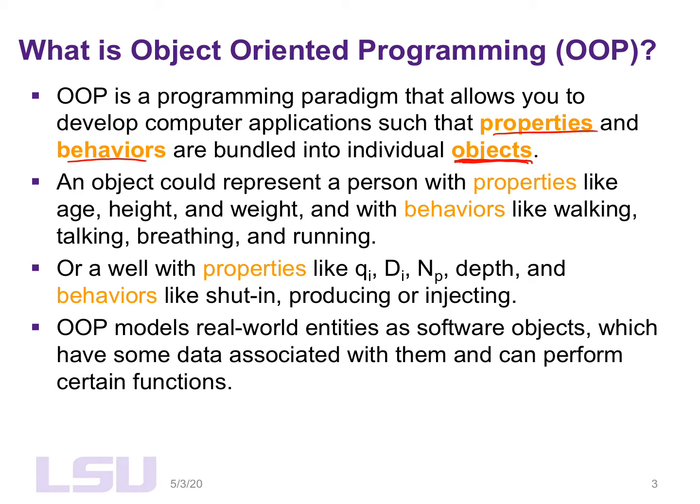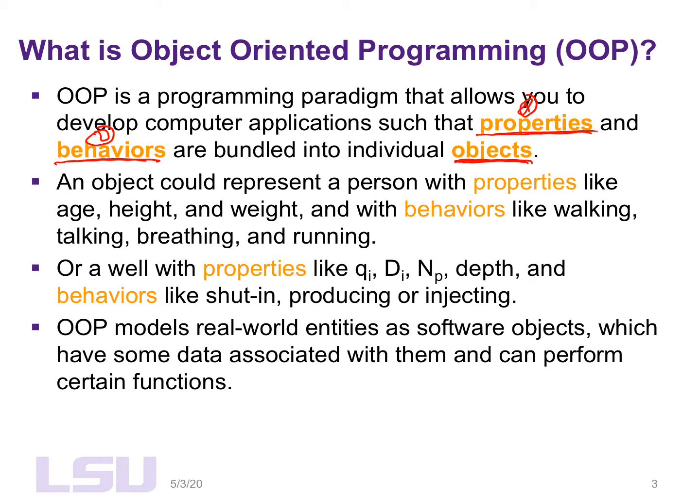If you're writing, say, a code for animating animals, for instance, or in petroleum engineering, a well could be an object. So these are physical things, and they could have properties or characteristics and behaviors. So these are two different things: properties and behaviors.